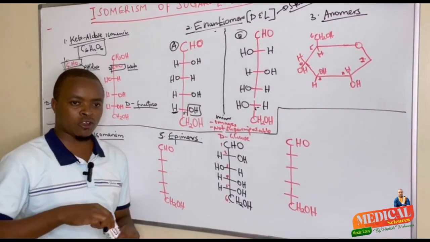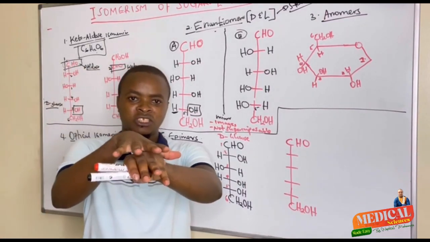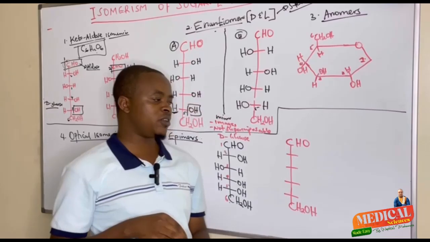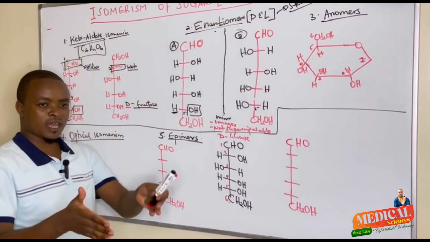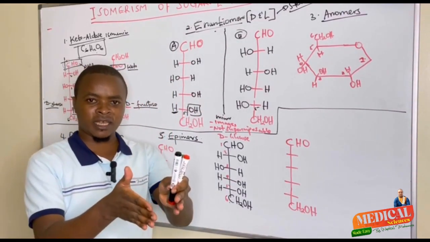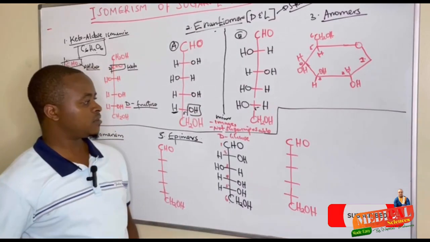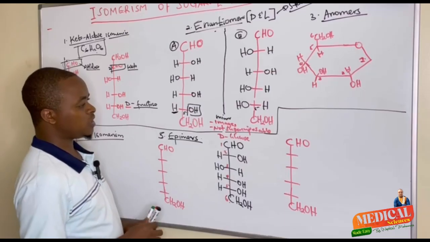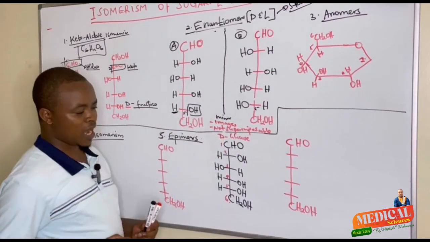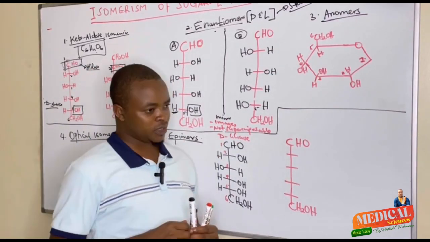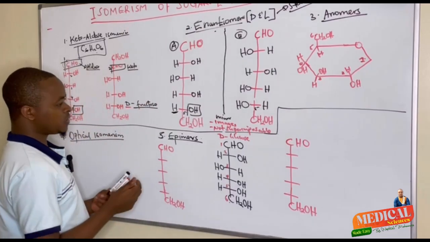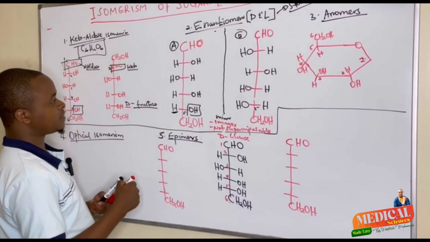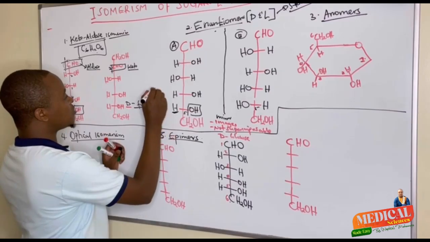They cannot lie flat on top of each other, like the left hand cannot lie on the right hand. But they are mirror images. They are the same but different. That's why we are calling them mirror images, but non-superimposable.